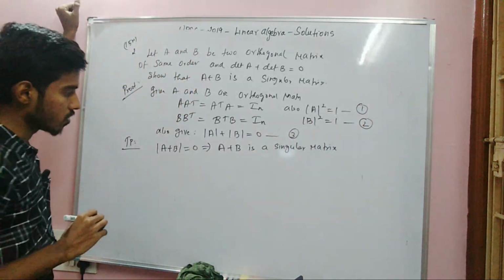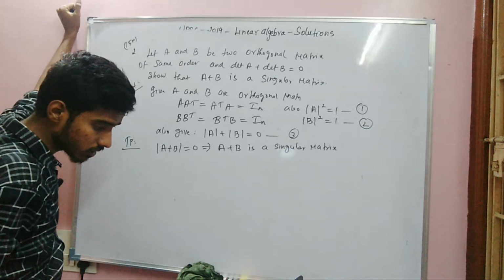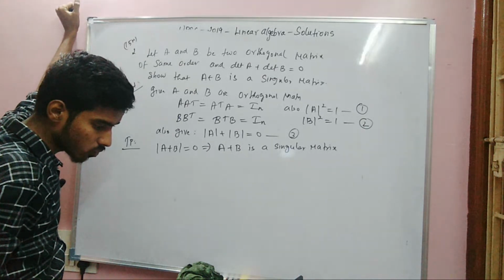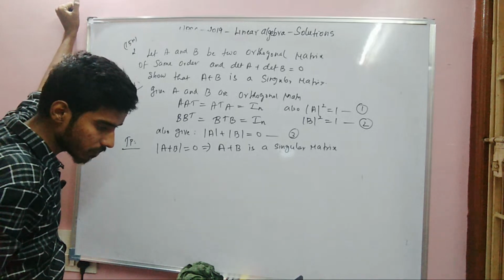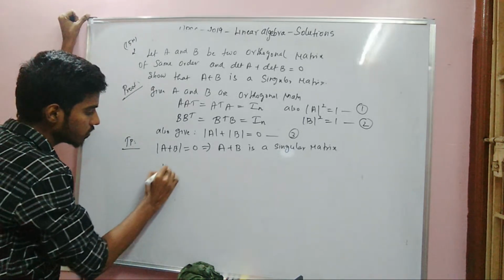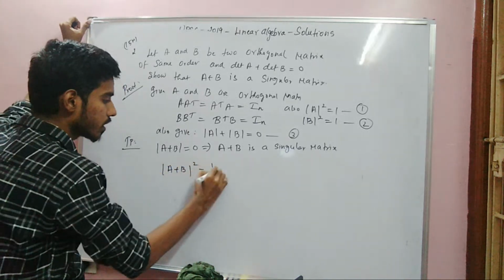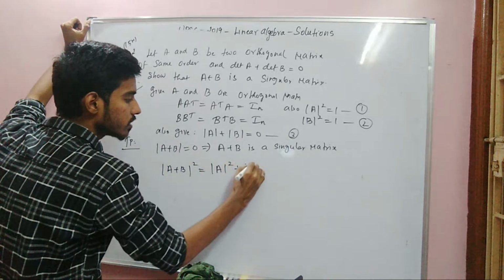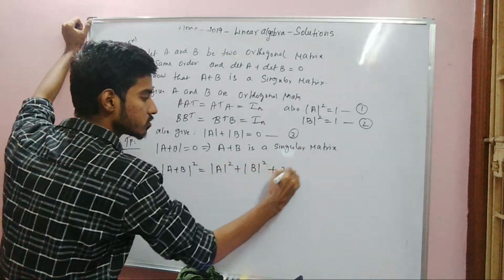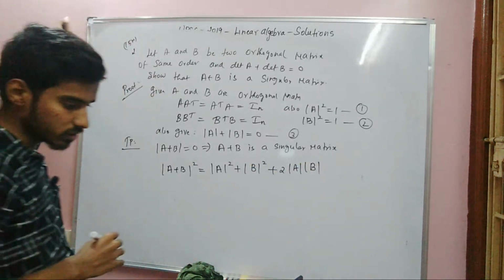Now we know that determinant of A plus B whole square is nothing but, by the A plus B whole square formula, determinant of A square plus determinant of B square plus 2 times determinant of A into determinant of B. This we already know.